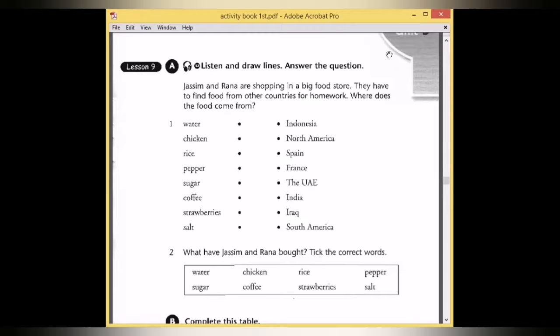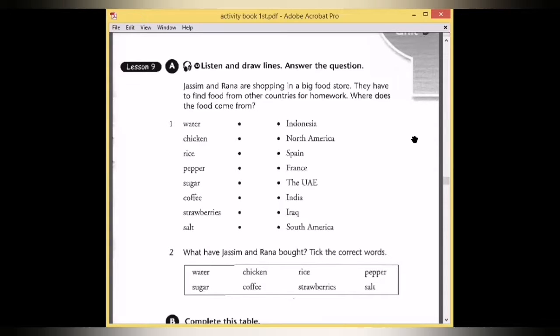Chicken from Iraq. So chicken from Iraq. The other one. Rice. Oh, I'm wrong. Rice. Rice from India. Yes. Now pepper. What about pepper? It comes from Indonesia. Yes.